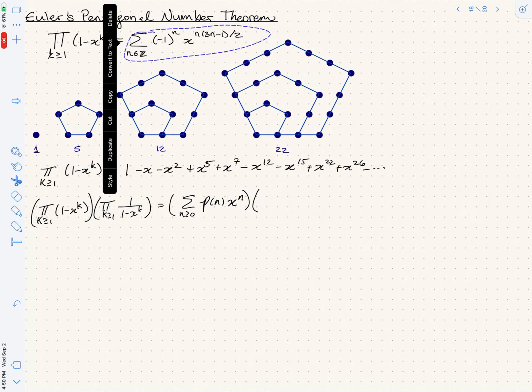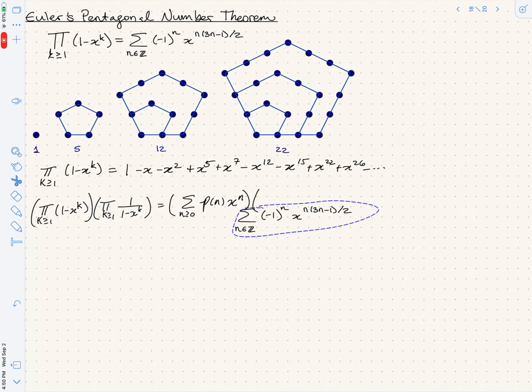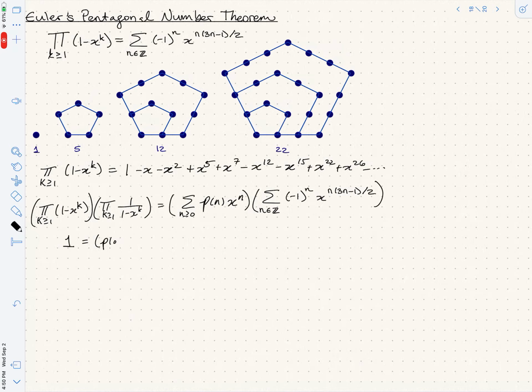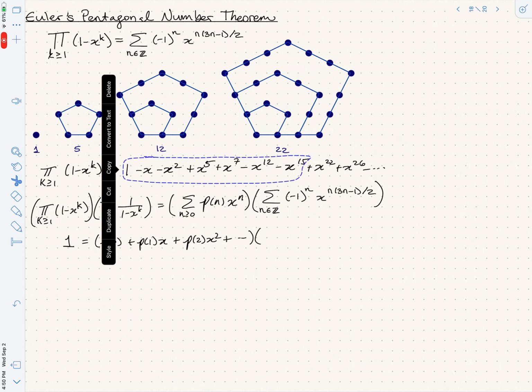times, well, let's save ourselves a small amount of time. And now when we write this out, the point is that we're going to get this lovely identity, which is going to be p of 0 plus p of 1 x plus p of 2 x squared times this guy.